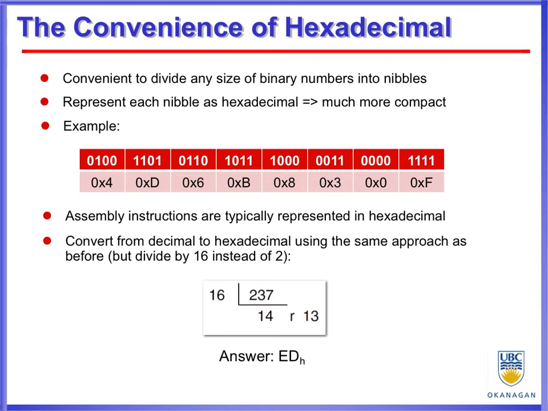A very significant reason for that is that memory systems these days are very, very large, and therefore the addresses for each location in a memory system are very, very big numbers. And the convenience or the advantage of using hexadecimal, for instance, to express a memory address, is what we're going to do all the time.